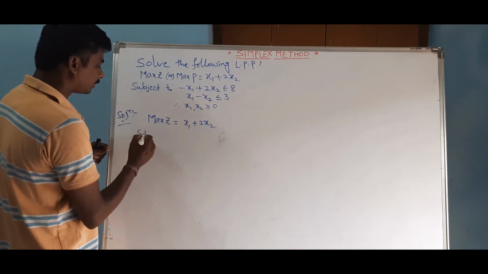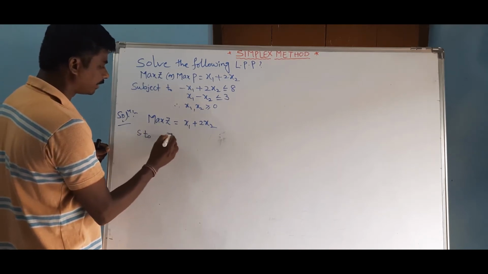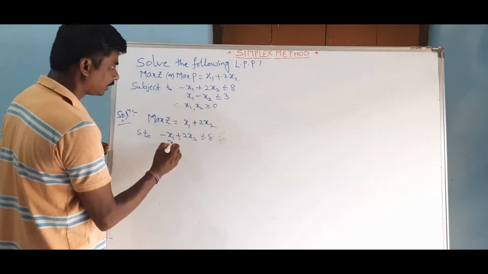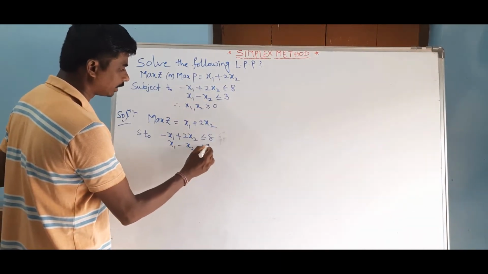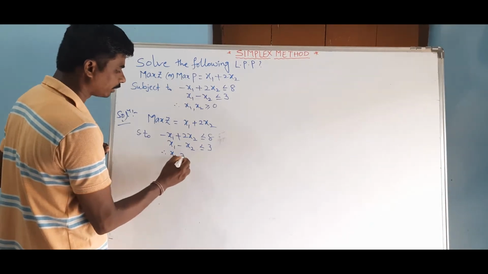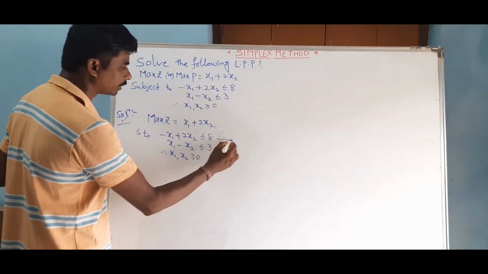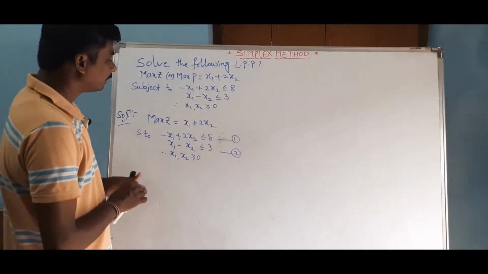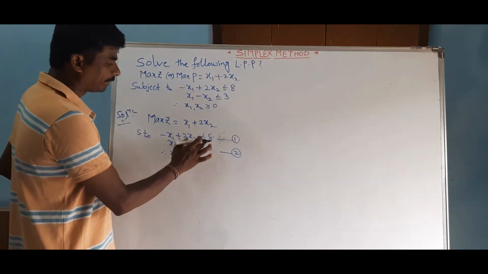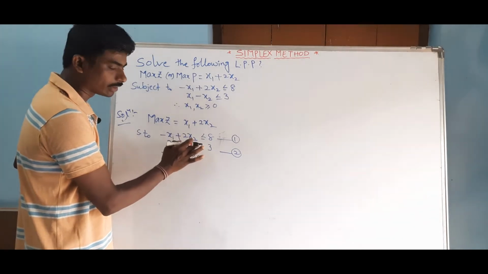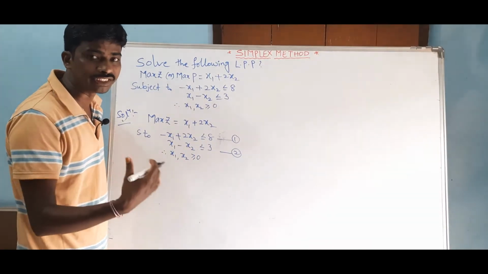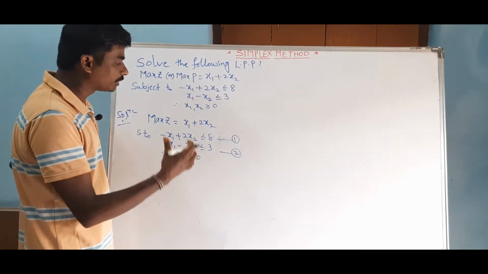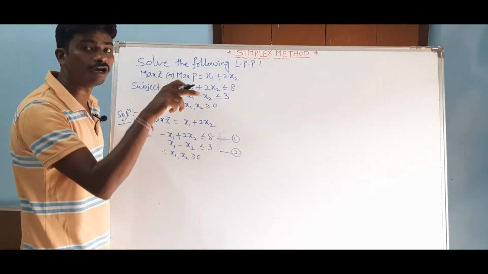Now see here, subject to constraints: minus x1 plus 2x2 less than or equal to 8, x1 minus x2 less than or equal to 3. Therefore, x1, x2 greater than or equal to 0. This is equation number 1 and this is equation number 2. Now we are applying the simplex method here. These 2 constraints are less than or equal to type. We introduce slack variables. The cost is 0 in the objective function.